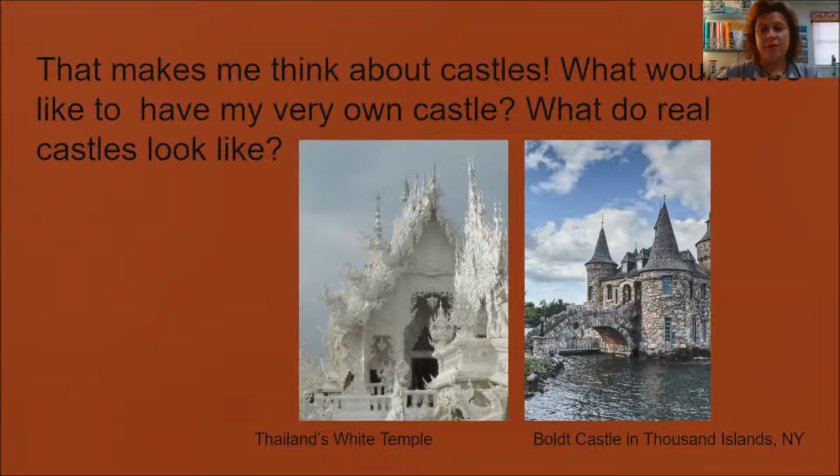And then the one on the right is Bolt Castle, and this is in Thousand Islands, New York. Yes, it is in the state of New York in the United States. So there are castles even here in the United States. And that's got the traditional turrets, and you can see the bridge and the moat around it, or the water there, and the stone and the windows. It's pretty fancy.